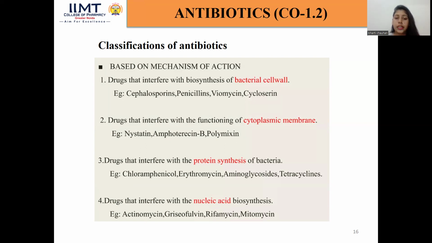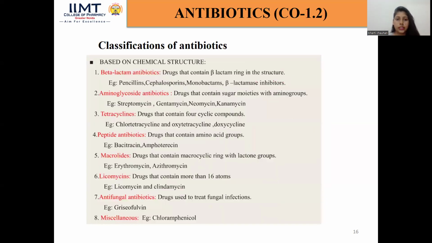Third, drugs that interfere with the protein synthesis of bacteria, examples chloramphenicol, erythromycin, aminoglycoside, and tetracycline. Fourth, and last, drugs that interfere with nucleic acid biosynthesis, which creates the DNA or RNA of the particular bacteria. Examples are actinomycin, griseofulvin, rifamycin, and mitomycin. So these are the classification.